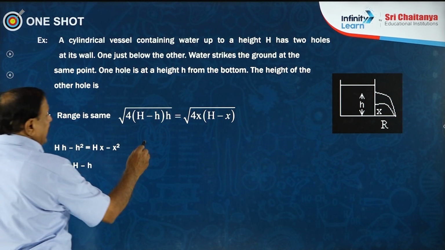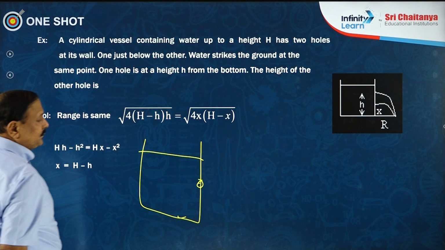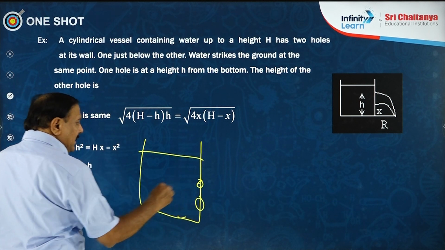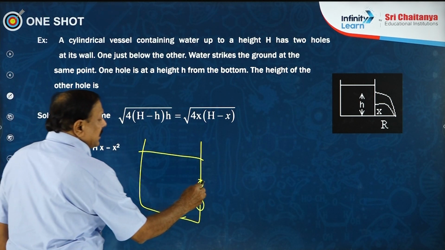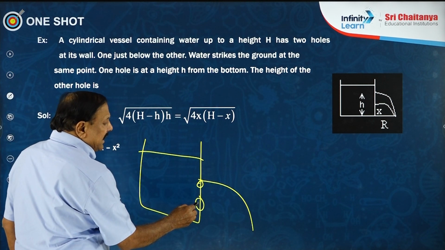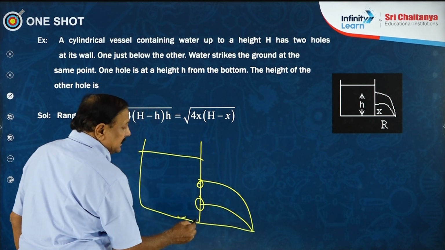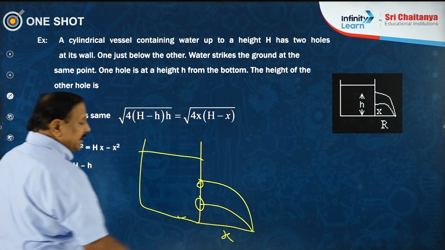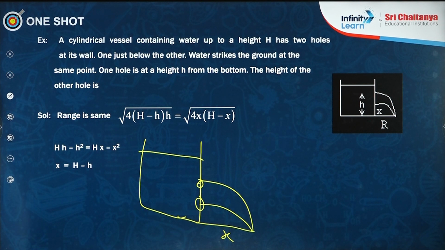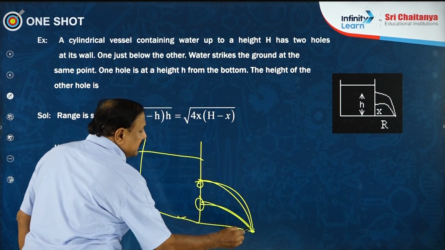Similarly, suppose there is a beaker containing a liquid, with one hole here and another hole here. The liquid coming out of both holes falls on the ground at the same point.